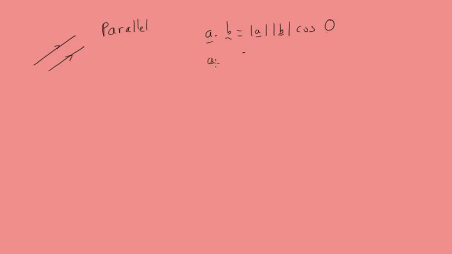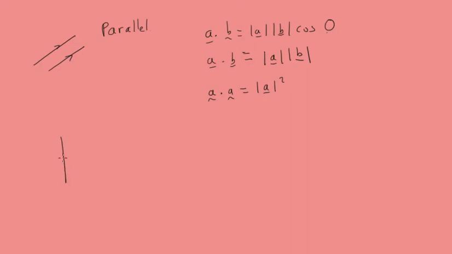So A dot B is just going to be the magnitude of A multiplied by the magnitude of B. Now, if you've got two vectors that are identical and parallel to each other, their dot product will just be the magnitude of A squared.